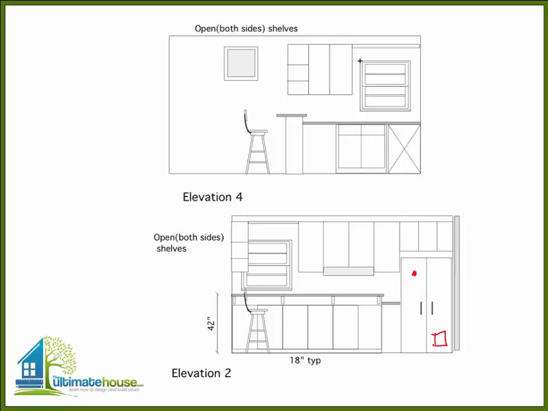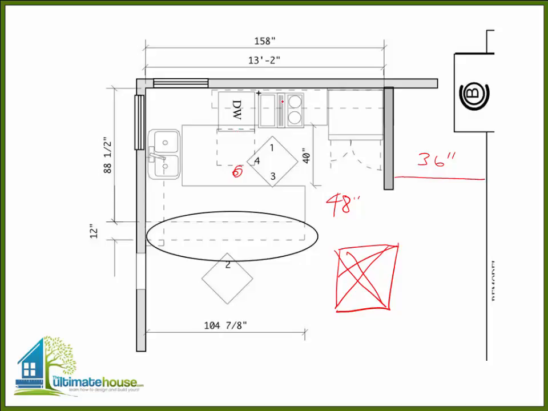Sometimes you have to put a plug down here. Sometimes you have to put a plug down here. This ended up being a microwave on top of the vent hood, so that had to fit in with the cabinets. Of course, there was a dishwasher and a range.